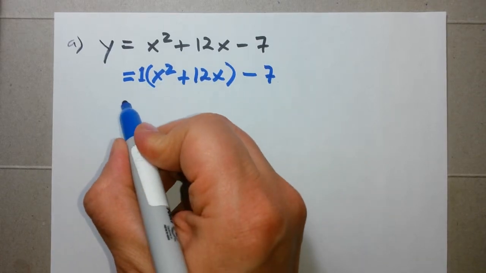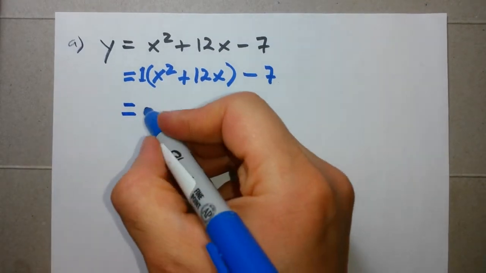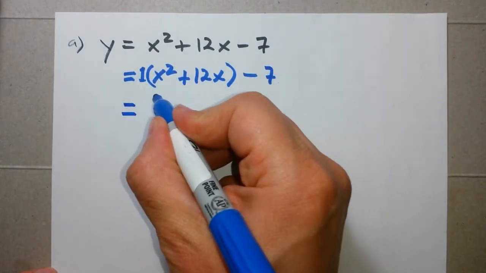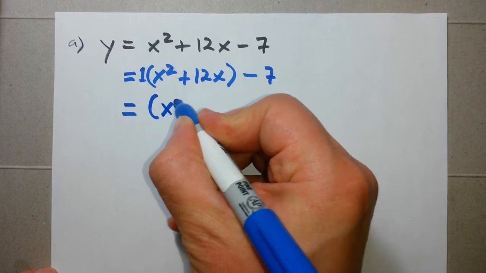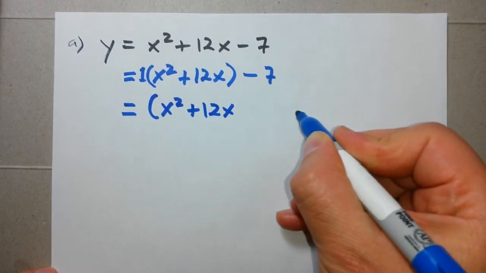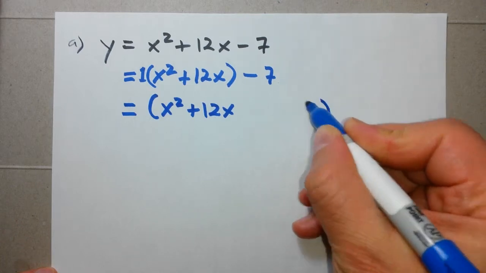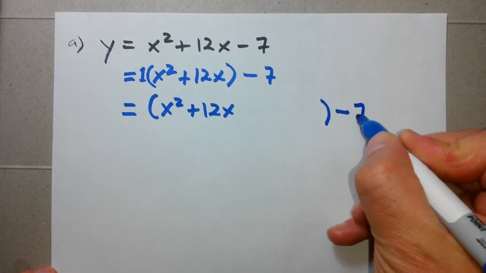So we write an equal sign, open brackets, x squared plus 12x, and for now just leave some space because we're going to write something there, close bracket, bring down the negative 7.